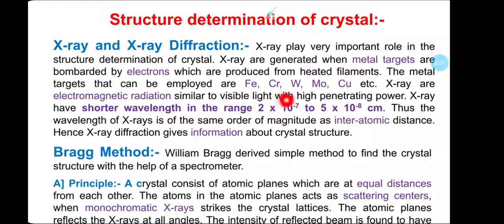Similar to visible radiation, it has high penetrating power, higher frequency, shorter wavelength. It is in the range of 10 raised to minus 7 to 10 raised to minus 8. This wavelength has the same magnitude as the interatomic distance. That's why X-ray diffraction gives information about the crystal structure and its parameters.